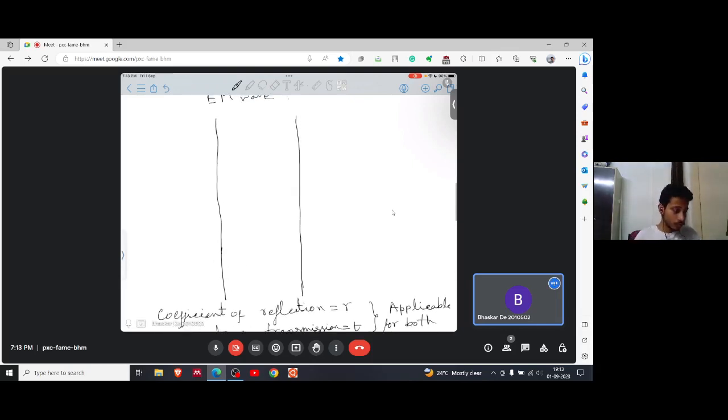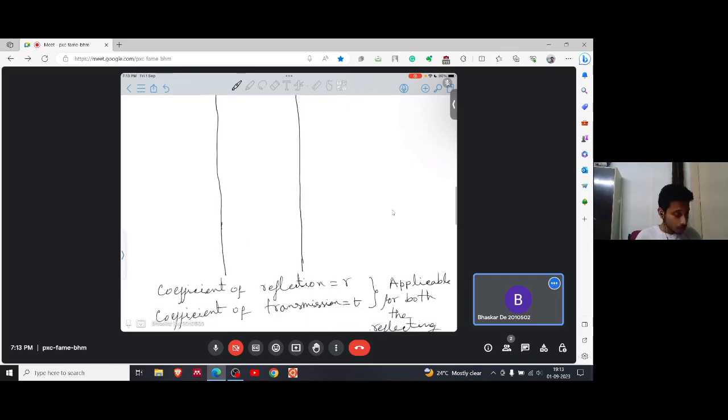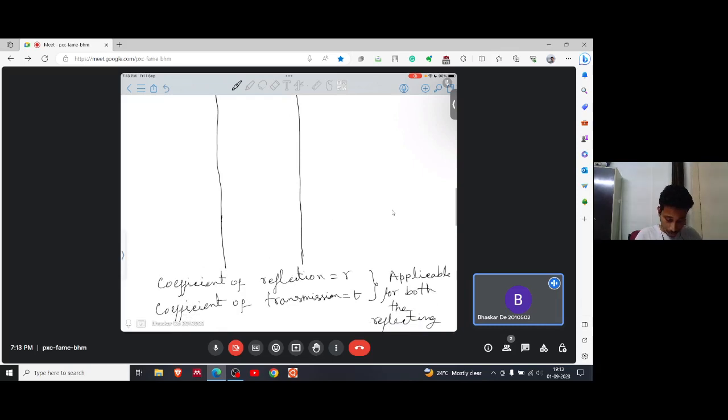Now when an electromagnetic wave with amplitude E naught comes here, it will suffer two things: transmission and reflection. First it will transmit, and from this surface it will reflect.